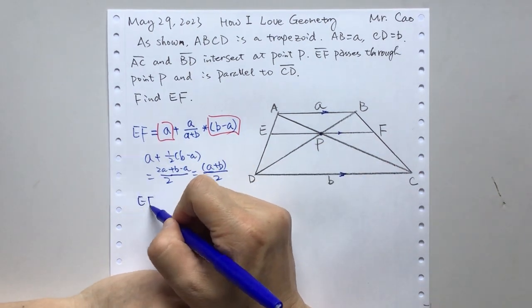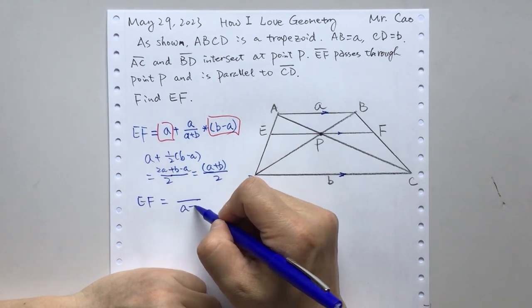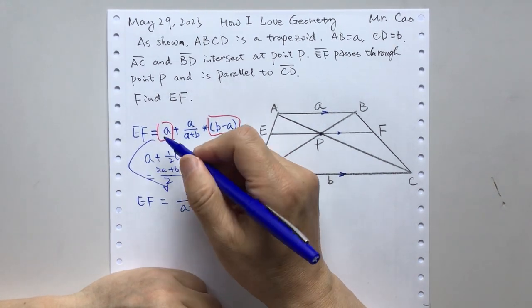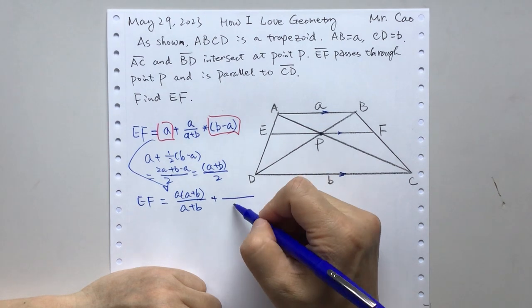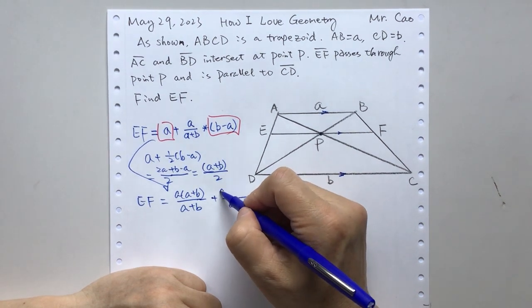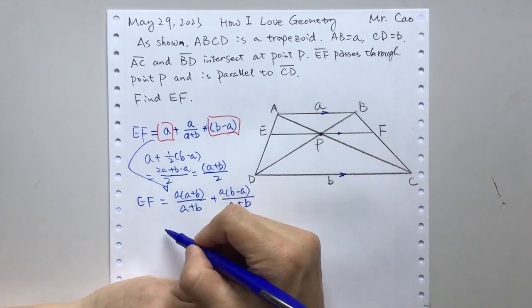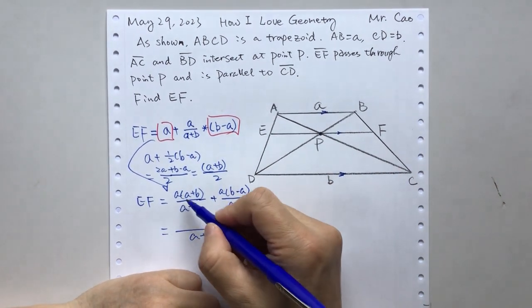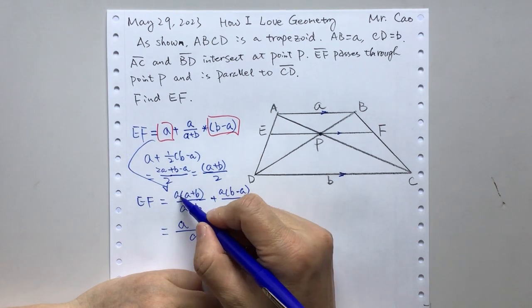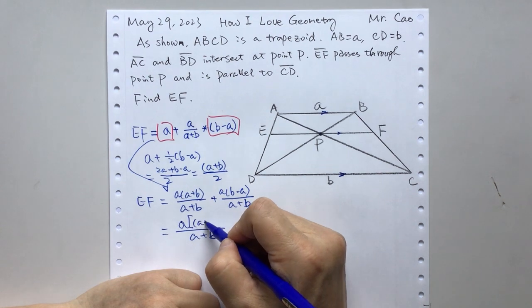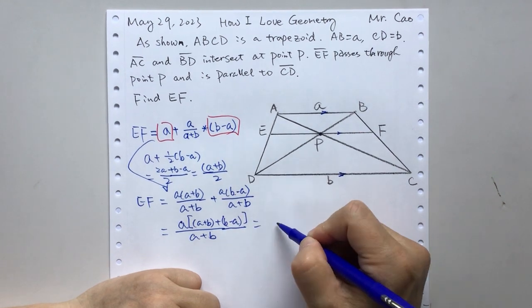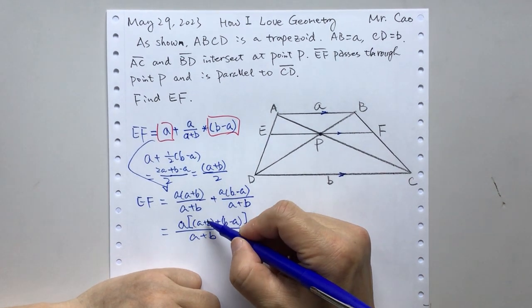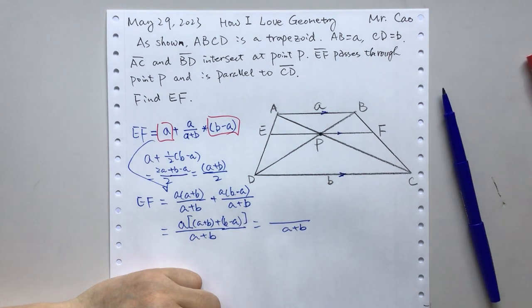If I simplify EF, it will be A plus A over A plus B times B minus A. I just plug in the first A, A times A plus B, then plus A times B minus A, over the denominator A plus B. Factor out A: A plus B plus B minus A. The positive A and the negative A will cancel.